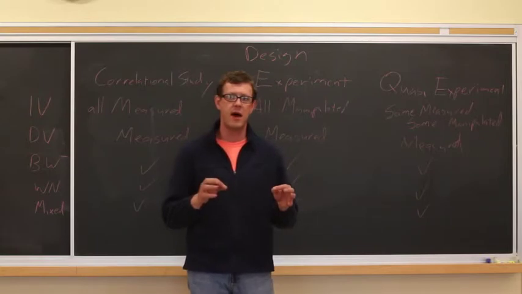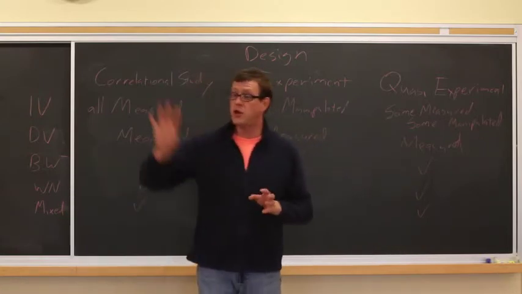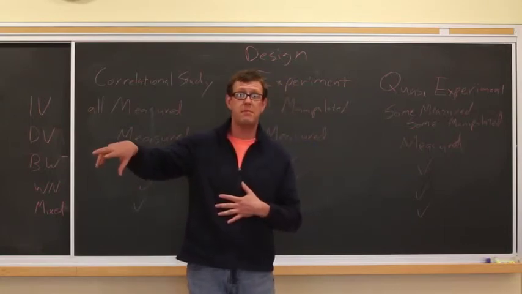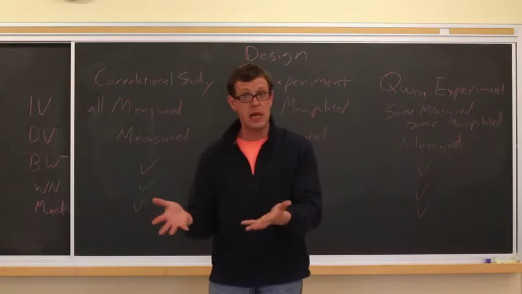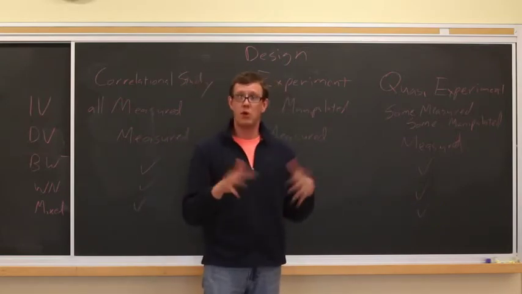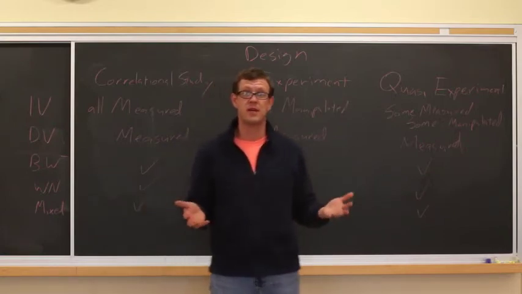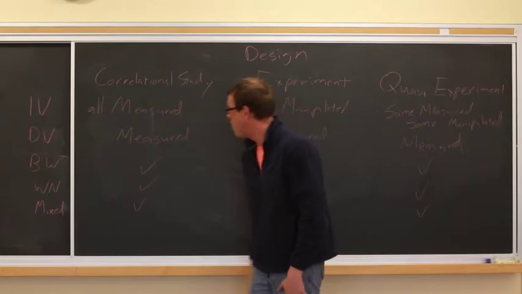So we can randomly assign half of the depressed individuals who come into a clinic to some new treatment that we think might be more effective into the traditional treatment. So in that situation, we have a manipulation, and we also have a measurement. And both of those are completely between subjects because we aren't going to give the new treatment along with the old treatment at the same time.